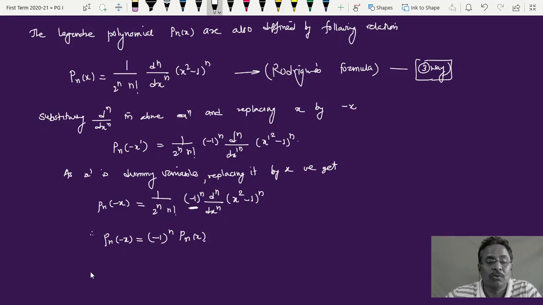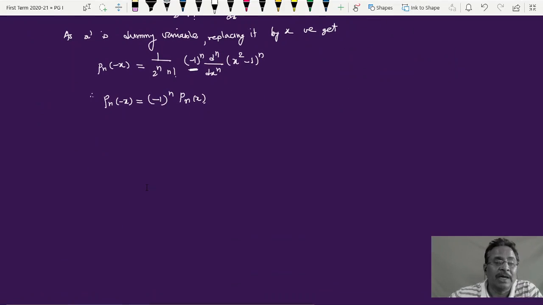So what I mean here, left hand side is the Legendre polynomials for negative values of x, right hand side is the Legendre polynomials for the positive values of x, and they are related by this number here, minus 1 raised to n. As I said earlier, if n is even, then minus 1 raised to an even number is 1. That means Pn of x.